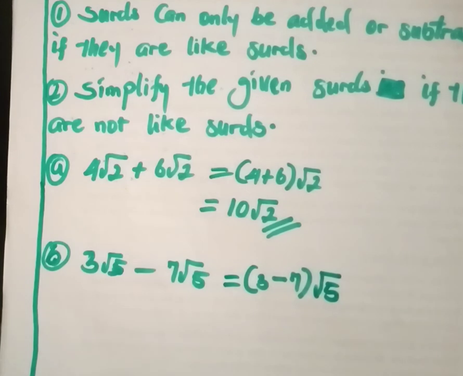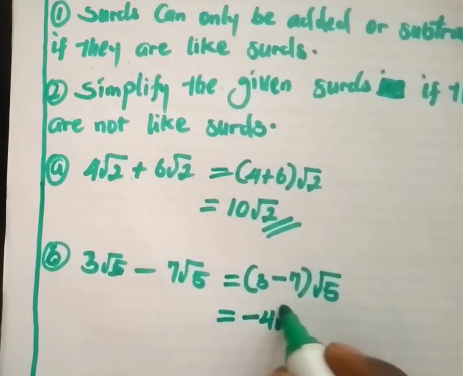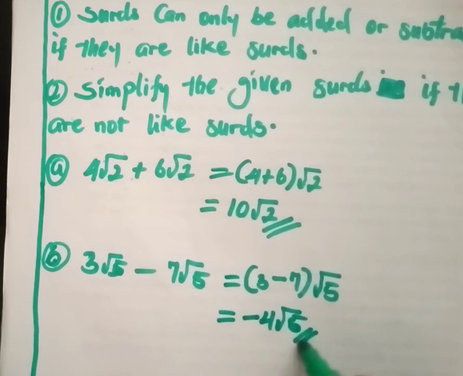We're not doing multiplication, I'm just trying to simplify everything. So this is now equal to minus 4 root 5 as our final answer.